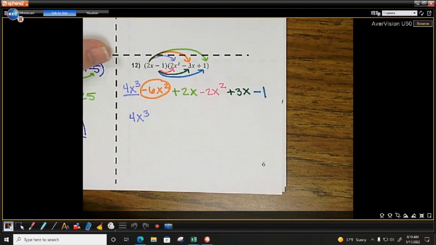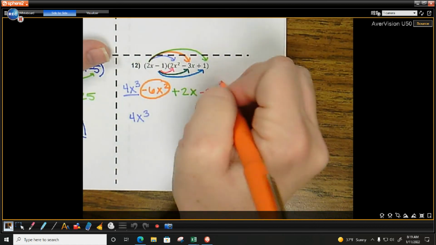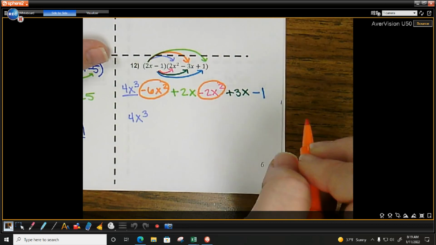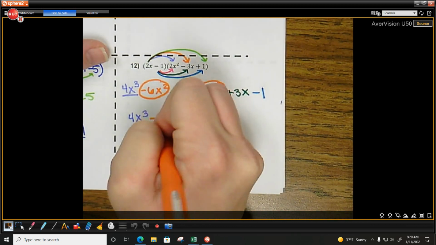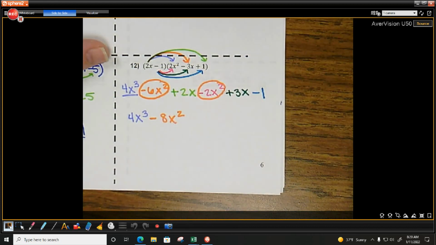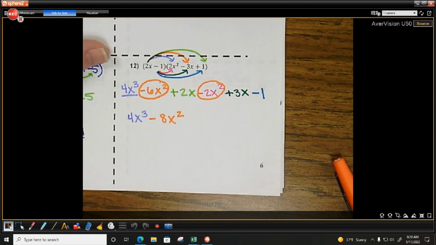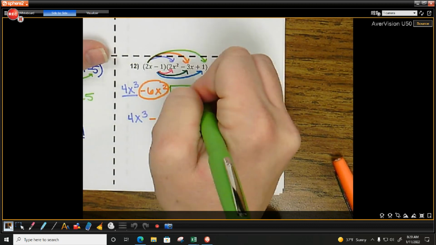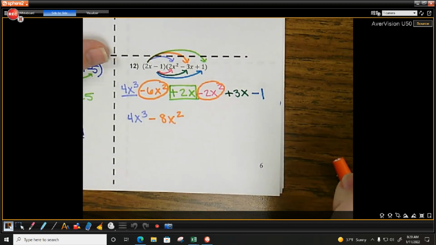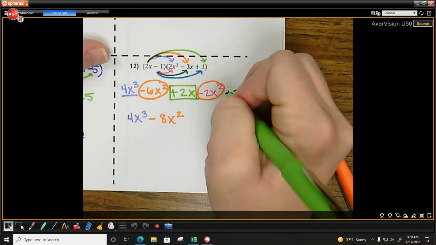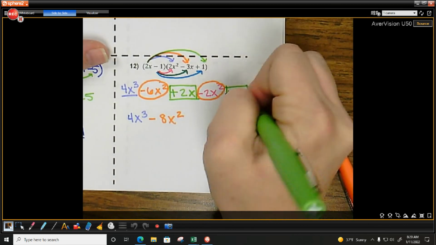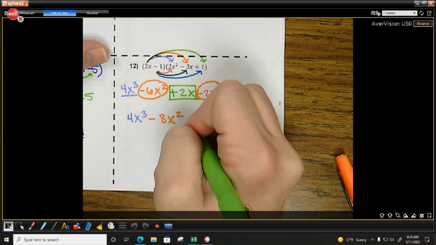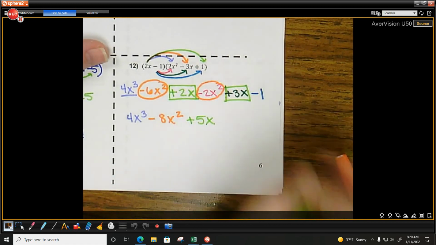So what's negative 6 minus 2? Negative 8x squared. Keep it x squared because when you add and subtract, exponents don't change. Then I have a plus 2x. Is there another term to combine that with? This one's the next term. Plus 3x. So what's 2 plus 3? So plus 5x. And then last but not least, your constant, which is minus 1.